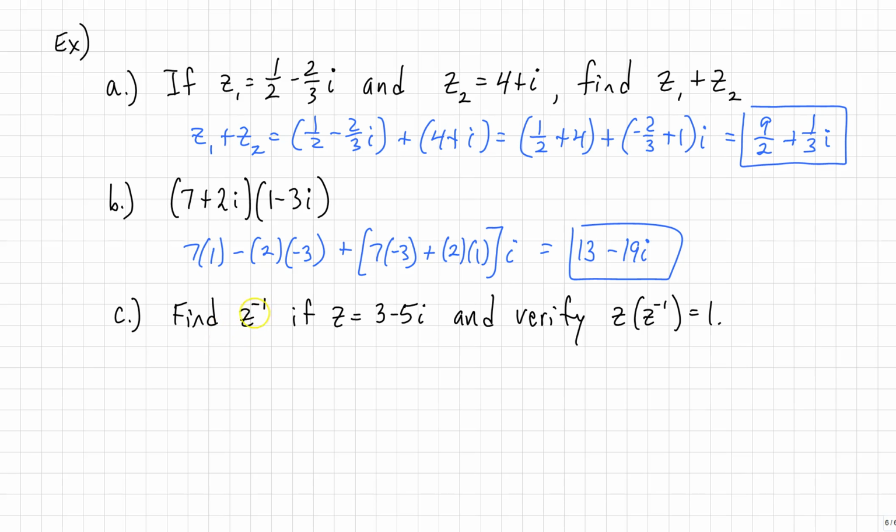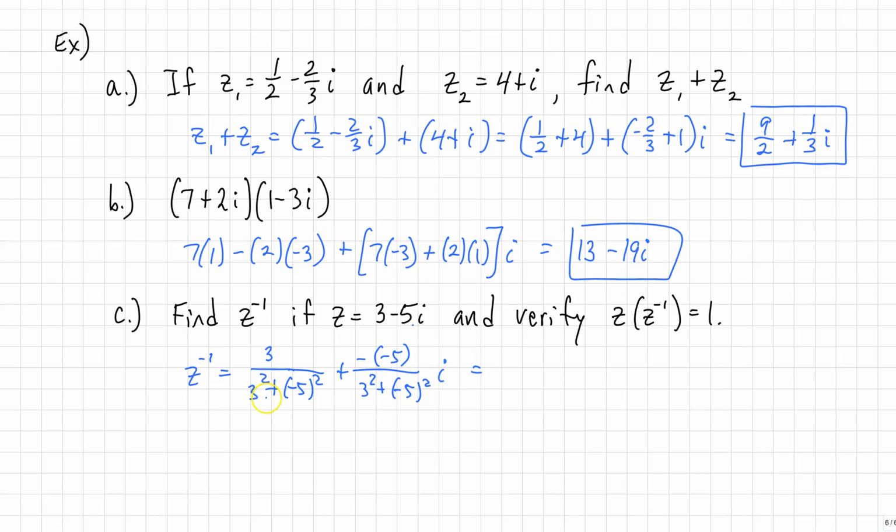And then one more time, let's find the multiplicative inverse of a number. So the multiplicative inverse of 3 minus 5i would be x over x squared plus y squared plus negative y over x squared plus y squared i, where x was 3.